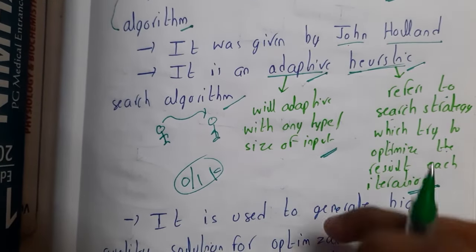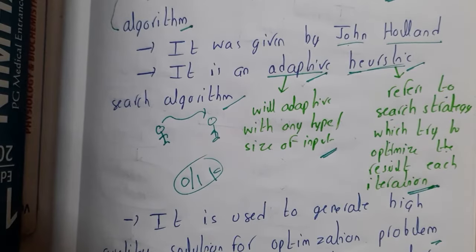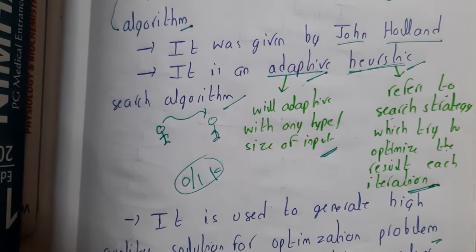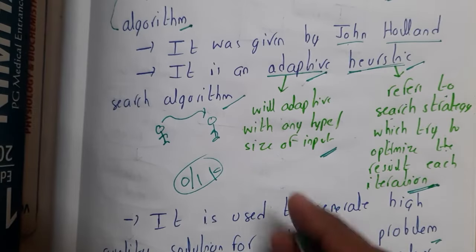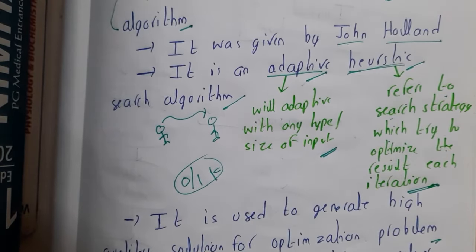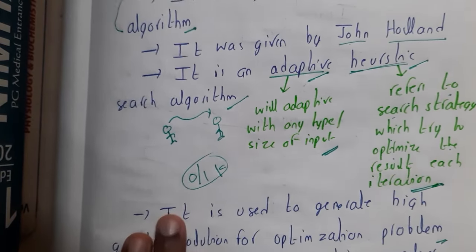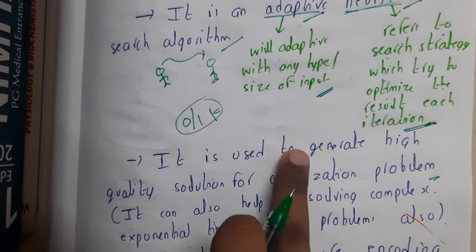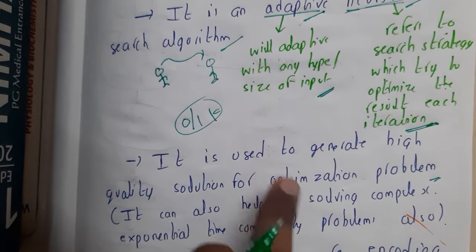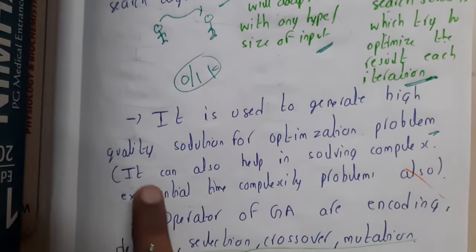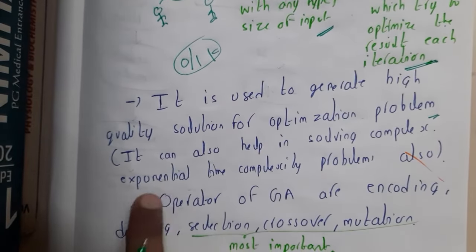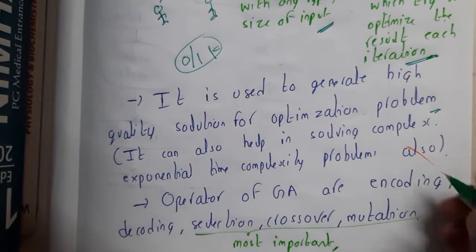For us they are a piece of cake if the input is limited, and you can easily solve a 0/1 knapsack. But for a computer, the algorithm is about big O of n squared, I think, I'm not sure. It is a bit complex for the computer with respect to time and space. These kinds of problems can easily be solved using the genetic algorithm, guys. It can also help in solving complex exponential time complexity problems.